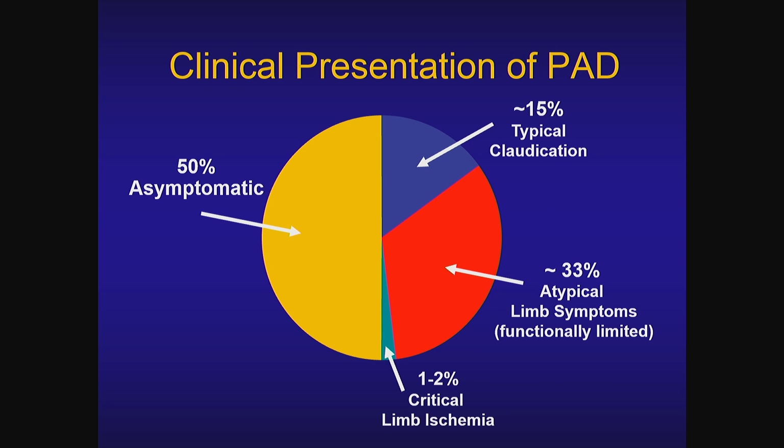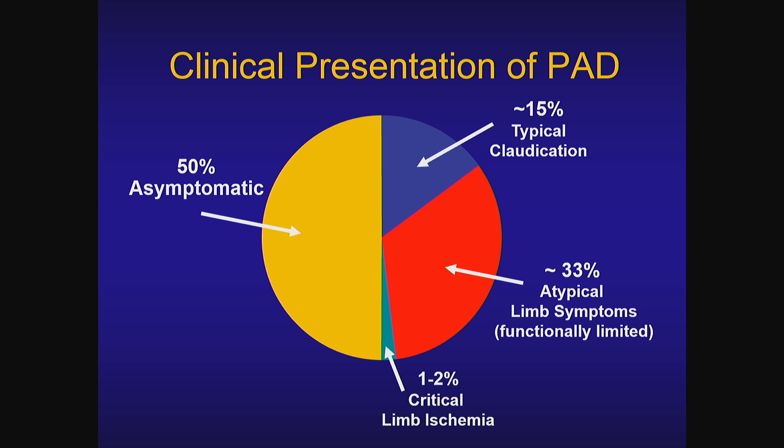Clinical presentation of peripheral artery disease varies. Vast majority of patients are asymptomatic. As many as half of patients with PAD do not exhibit any symptoms, be it because of relative immobility or lack of exercise and exertion, or because of rather mild disease. Intermittent claudication can be seen in 15% of patients with peripheral artery disease.